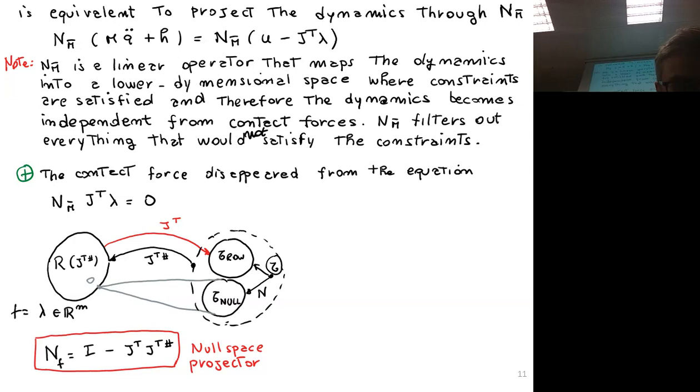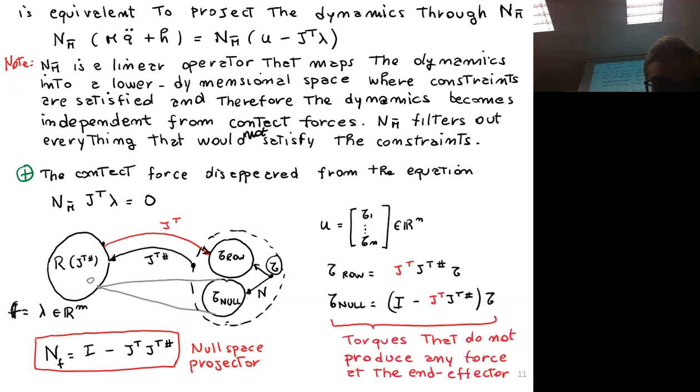And we saw that with J transpose, we can get from the contact force space, or a constraint task space, to the joint space, while with J transpose pseudo inverse, we go back to the task space. So in essence, this null space projector corresponds to a projection of our torques into a subspace where there are torques that do not produce any force at the end effector.